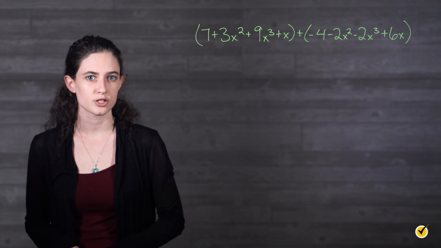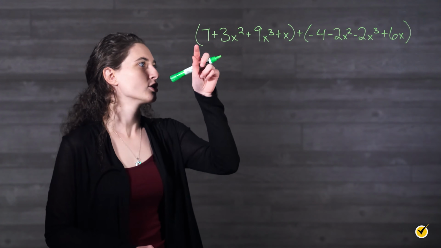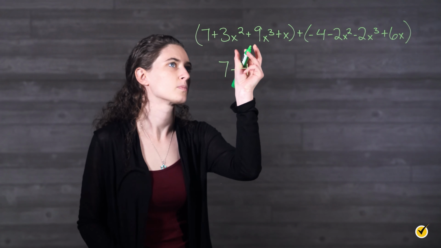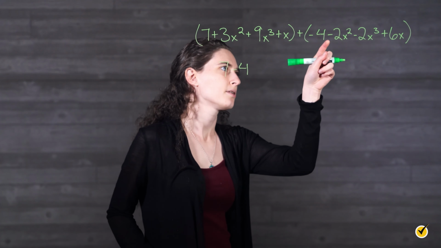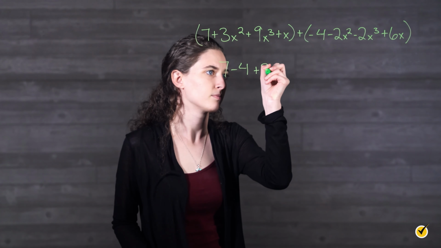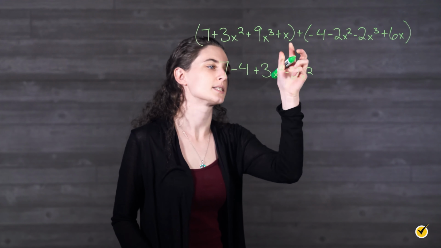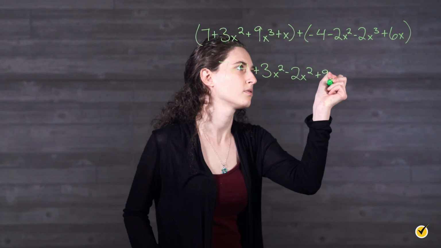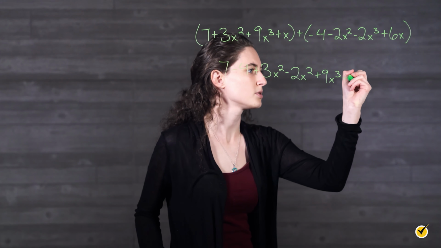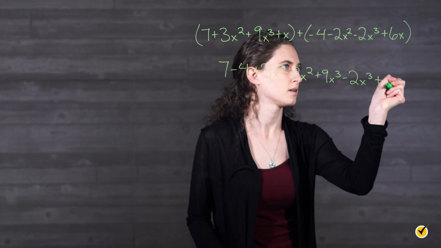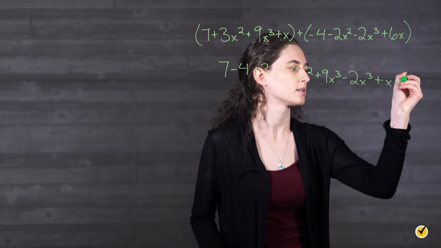First, you should have combined like terms, so let's do that. So we have 7 minus 4, and then 3x squared minus 2x squared, plus 9x cubed minus 2x cubed plus x plus 6x.